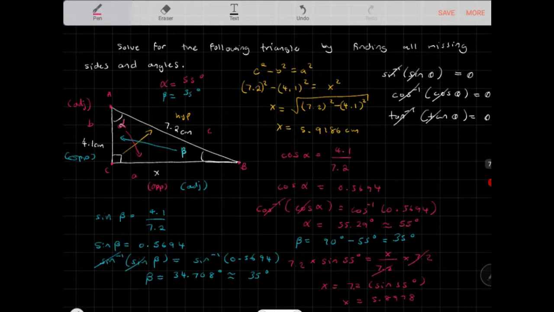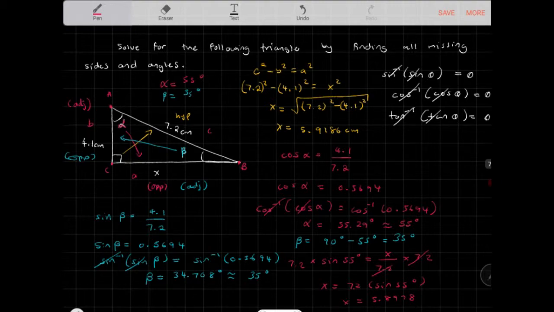5.8978. You can notice that it's very close; this is going to be 5.9, and this is going to be 5.9. One of the reasons is that I rounded the angle off. If you keep it as accurate as possible, I had 55.29, so if I did 7.2 times sine 55.29, you'll get 5.9187.